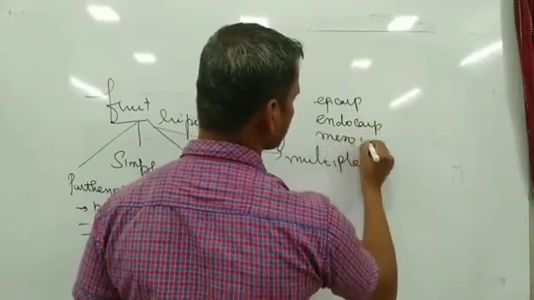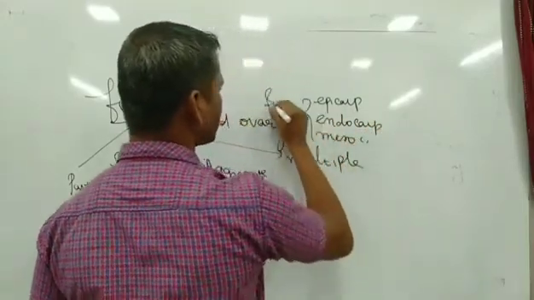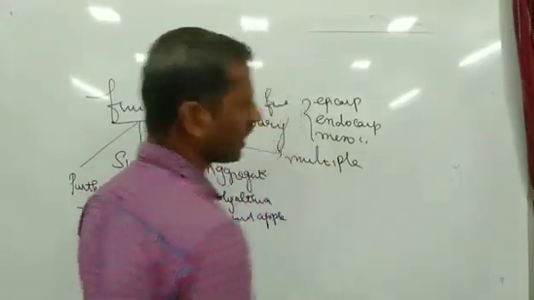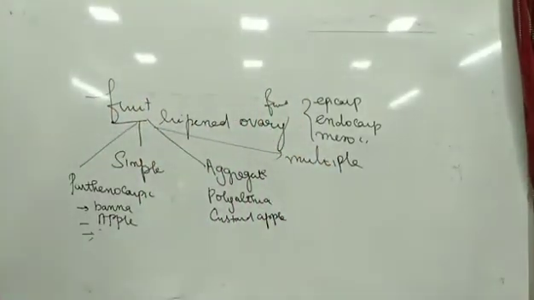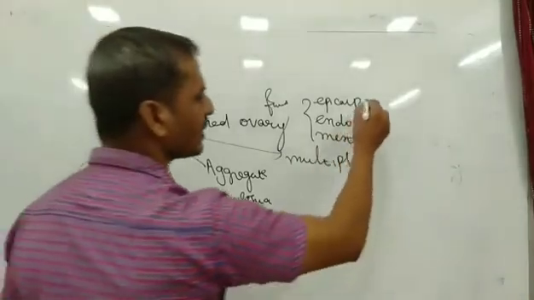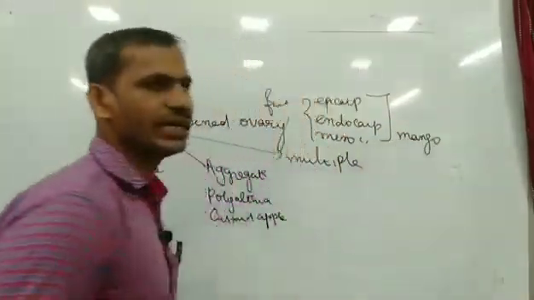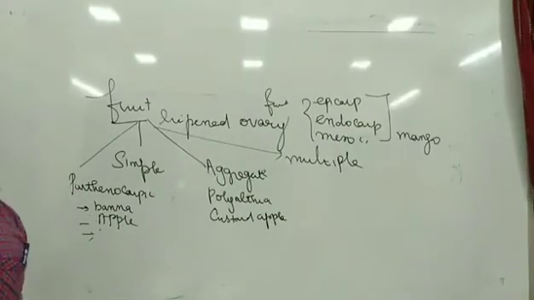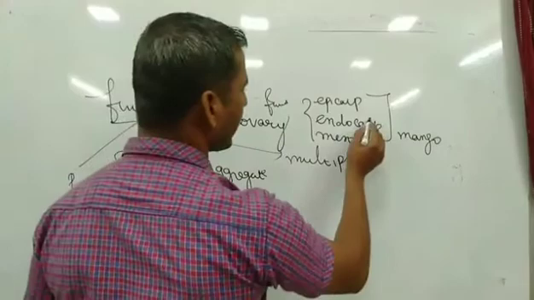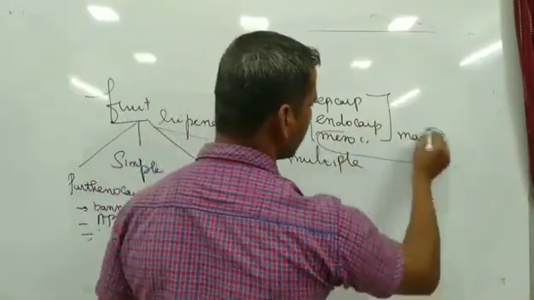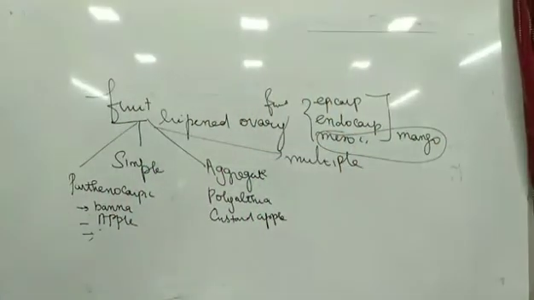This kind of region is present in mango. Mango has an epicarp region, an endocarp region and a mesocarp region. But we normally eat the mesocarp region of the mango, not the endocarp.